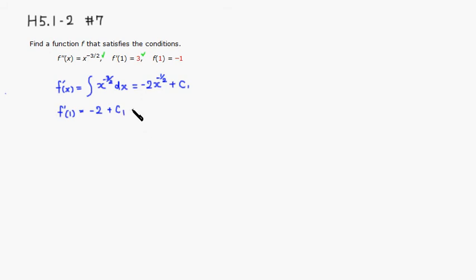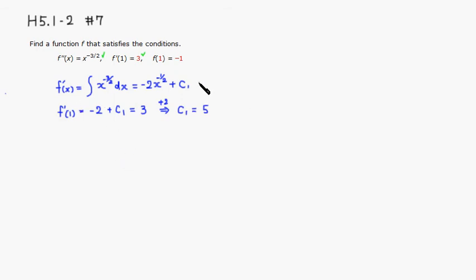And this is supposed to be equal to 3. Then we can find c1 by adding 2 to both sides, so c1 is equal to 5. Now we have a complete formula for the first derivative.